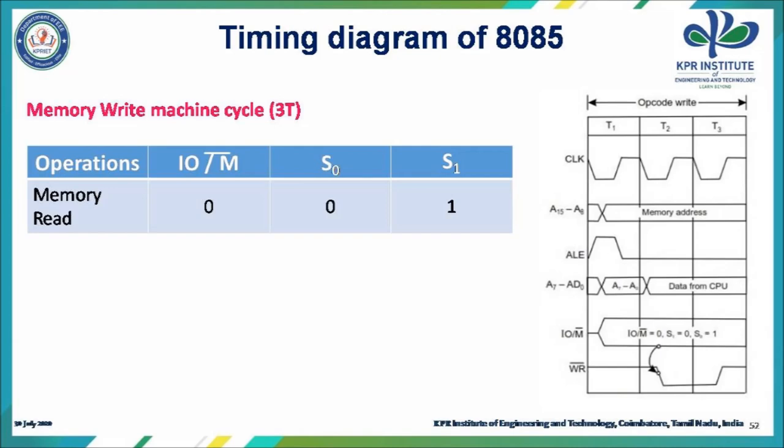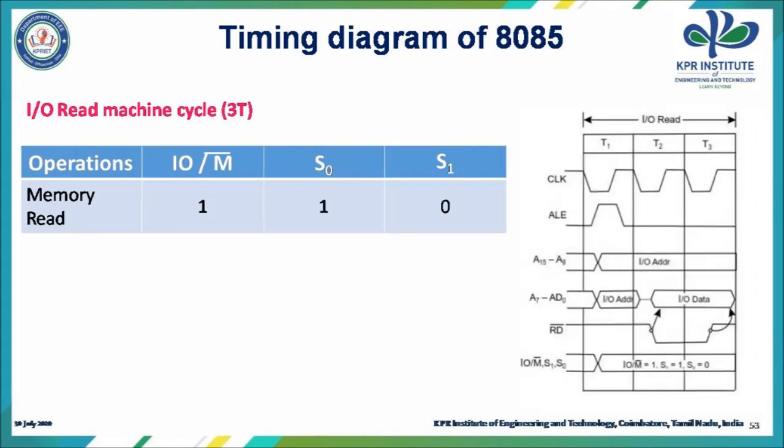For write operation S1 S0 is equal to 0 1, and since this is communication with memory, IO/M bar is equal to 0. So instead of the read bar pin, here we use the write bar pin because we are doing a write operation. This write bar pin will be made low during T2 and T3, that is whenever the data is sent from the CPU.